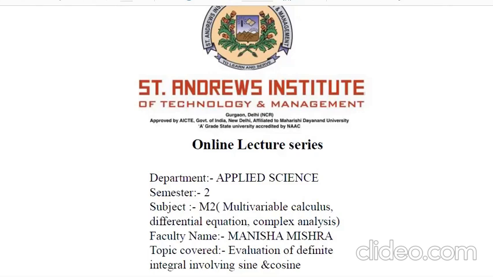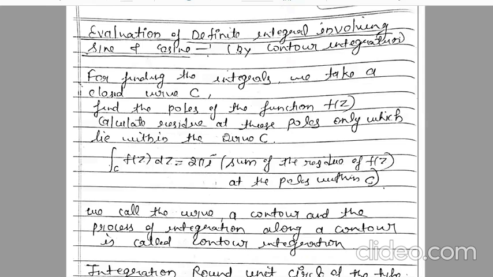As I told you about Cauchy residue theorem, we will solve our integral by applying Cauchy residue theorem. But there is a line here, sine and cosine. That means our integral is always given in sine and cos form, right?